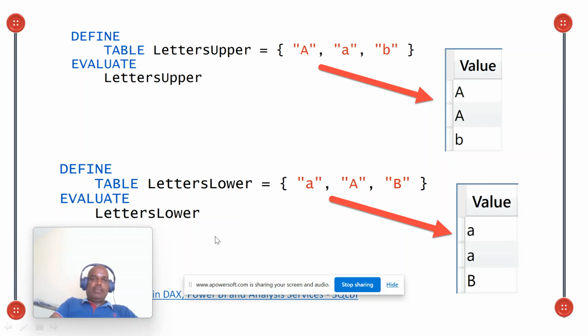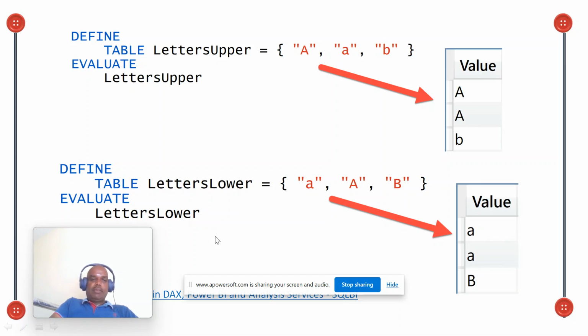That will convert. The third one will be B. It won't get converted. The same letters, if you go with lowercase, you can see the same pattern. So it will display a. When you apply the lowercase function to capital A, it will display a. And for B, it will display b.